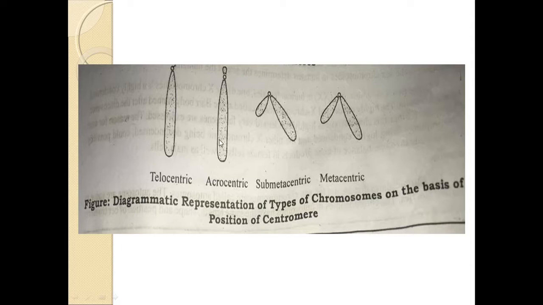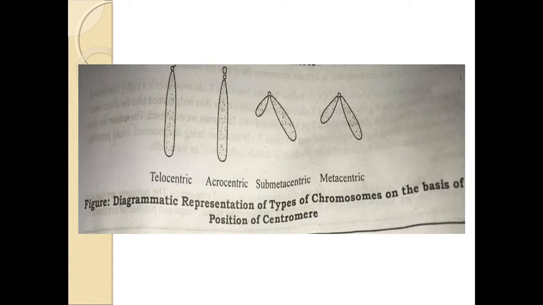And next we have acrocentric. The centromere lies in the terminal position, and this chromosome has these arms.